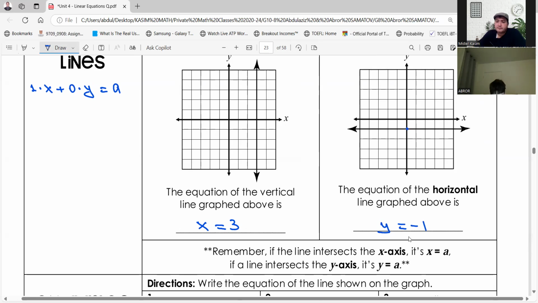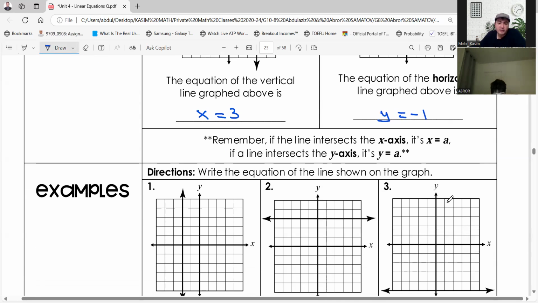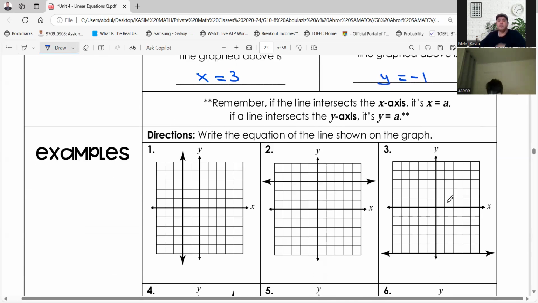Okay, everyone. So x is equal to 3 on the number line is a point, but in the xy axis, it is a line. x equals 3 is a vertical line. y is equal to -1 is a horizontal line. Remember, if a line intersects the x-axis, it's x equals a.